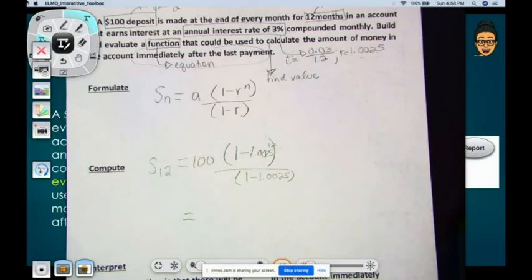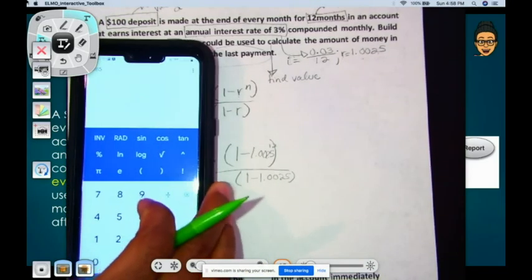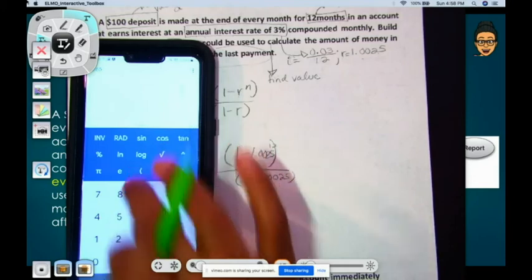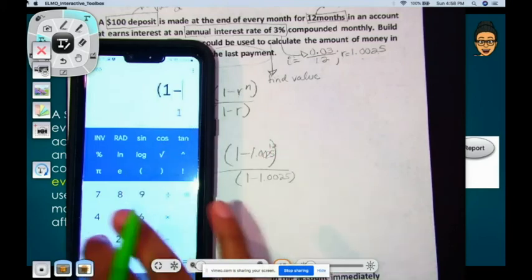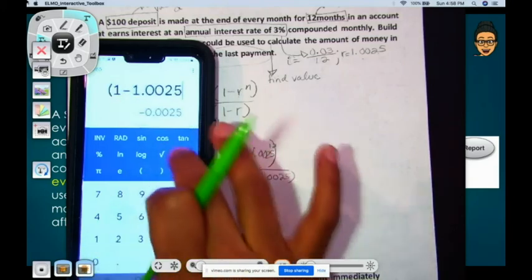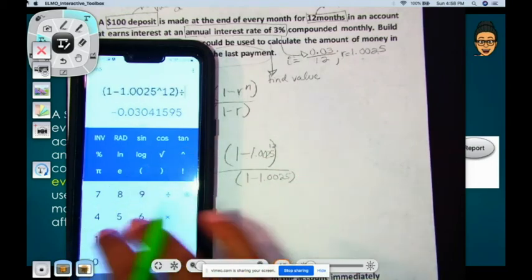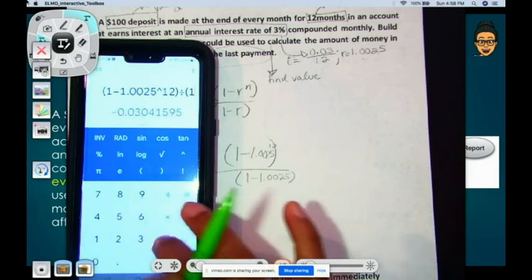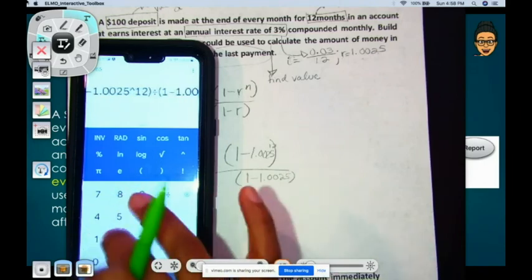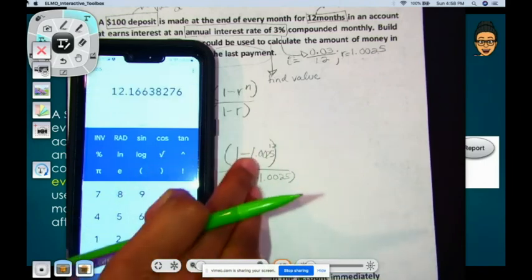I'll take my calculator, which I'm going to use my phone, and I'll take the quantity of 1 minus 1.0025 raised to the 12th power, and I'm going to divide that by the quantity of 1 minus 1.0025. That's going to give me 12.1664.